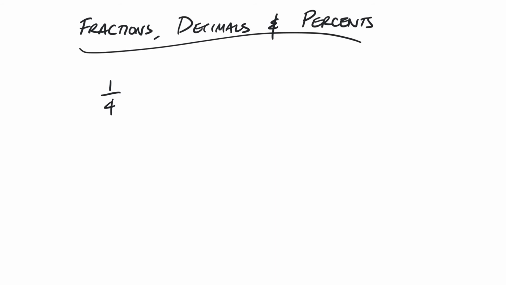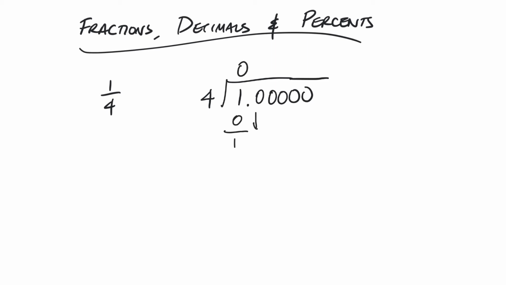So like I said before, the top number is going to fall into the box, so this would be 4 into 1. And 4 doesn't go into 1 evenly, so I'll put a decimal point there and I'll put some zeros after that. So 4 doesn't go into 1, so I get the remainder 1, bring down the 0. This decimal point is going to come straight up here.